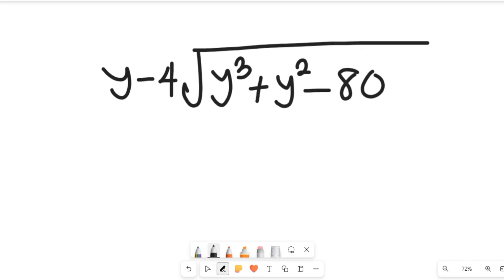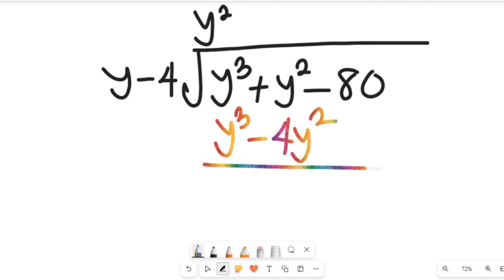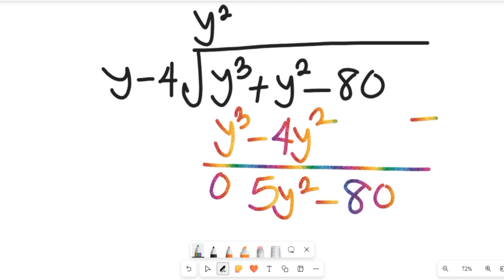So y to the power of 3 divided by y is going to give us y squared, right? y squared times y is going to give us y to the power of 3, and then y squared times minus 4 is going to give us minus 4y squared. So we're going to subtract this. If you subtract this, you have this become 0, and y squared minus minus 4y squared is going to give us a positive 5y squared, and this will become minus 80.